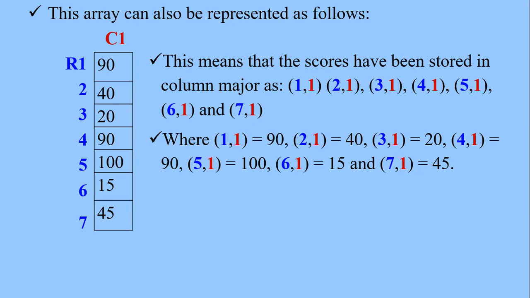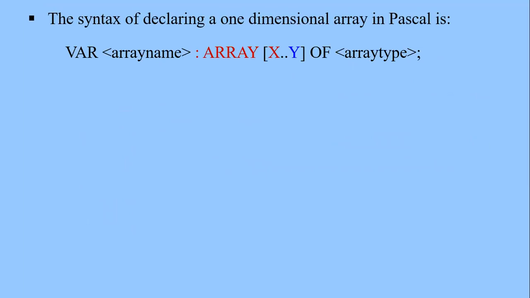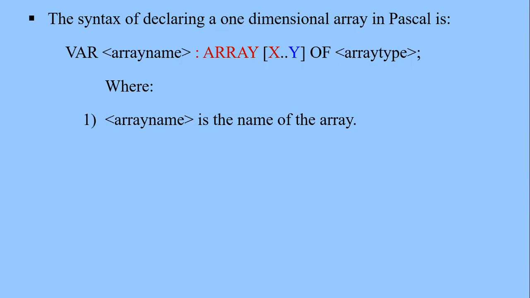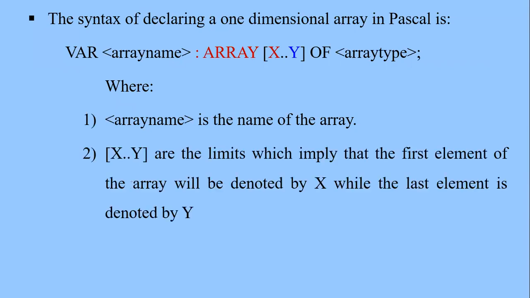The syntax of declaring a one-dimensional array in Pascal is var array name colon array, then we have x to y enclosed in square brackets of array type, where array name is the name of the array.